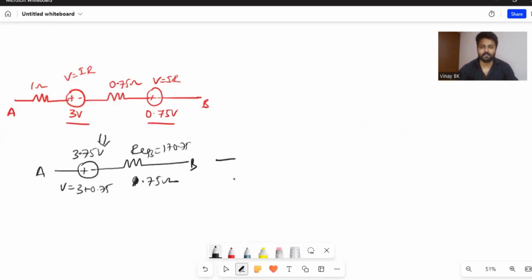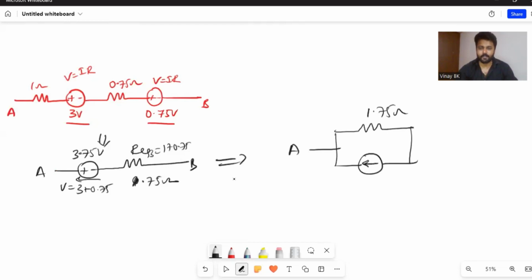So at the end, from A, you'll have a resistor of 1.75 ohm, and the direction of current, minus to plus, is nothing but B to A. Here we'll have the value of current I. So this I is given by V divided by R, whereas V is 3.75 and R is 1.75.